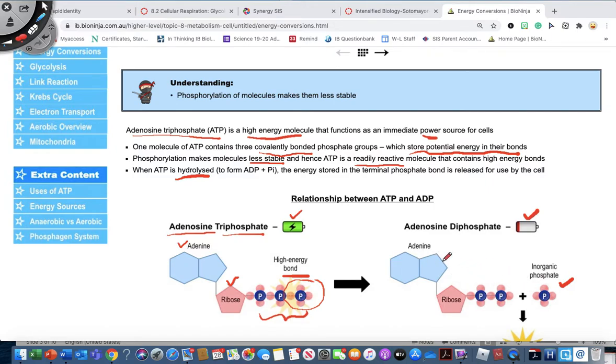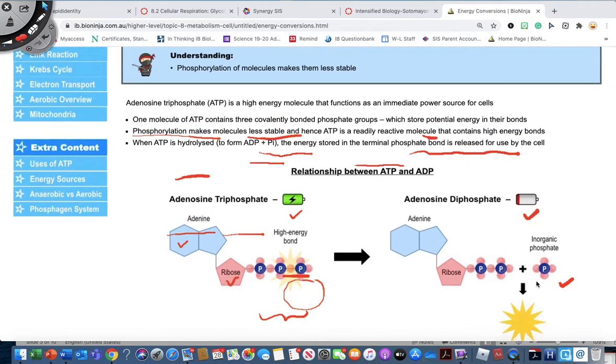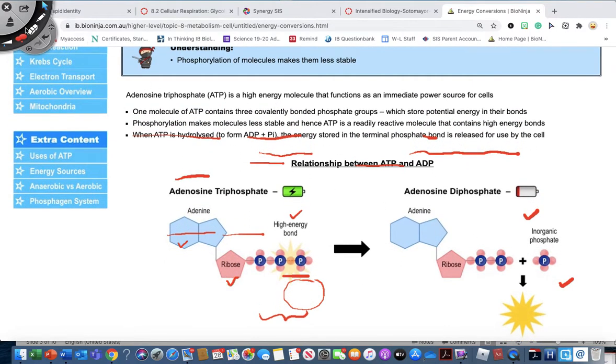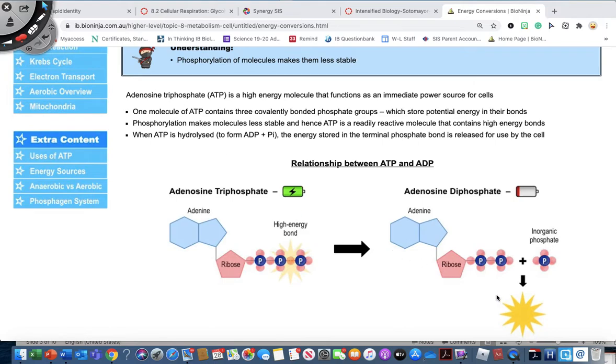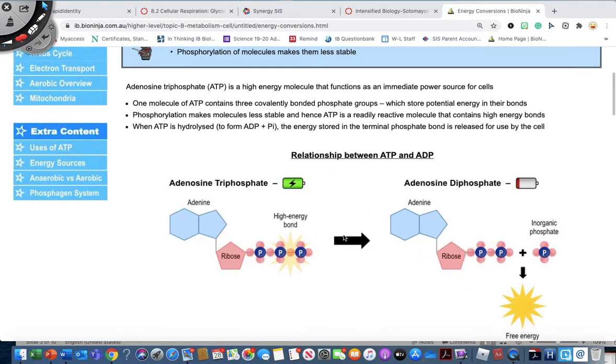So here we see when ATP gets hydrolyzed, it loses an inorganic phosphate group, and the energy gets released when that terminal phosphate bond is broken apart. So here you see the energy release right here. Okay, so that's the relationship between ATP and ADP.